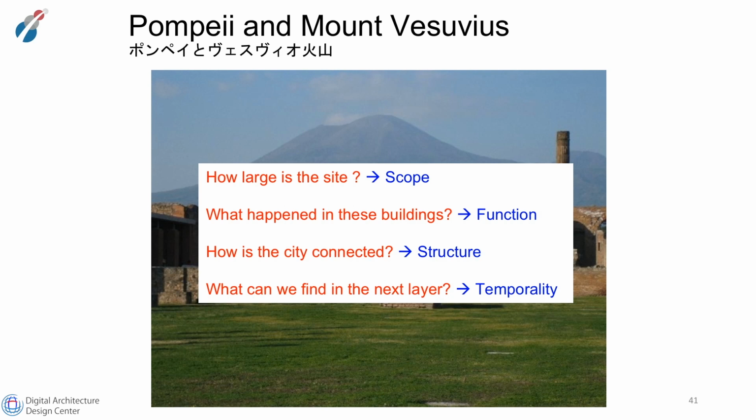So imagine that you're the first person to arrive at Pompeii and it hasn't been excavated yet, as it's shown in this picture. You will ask at least these 4 questions. How large is the site? Is it 1 by 1 kilometers, 10 by 10 kilometers? So you define the boundary of the city. That's the scope.